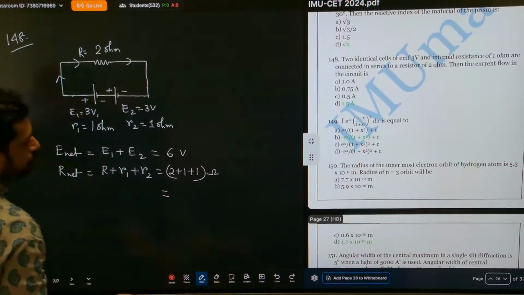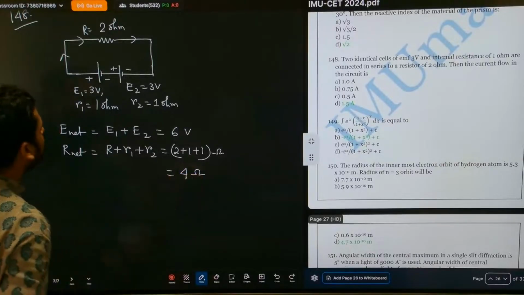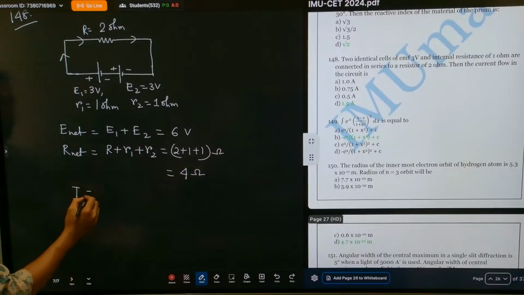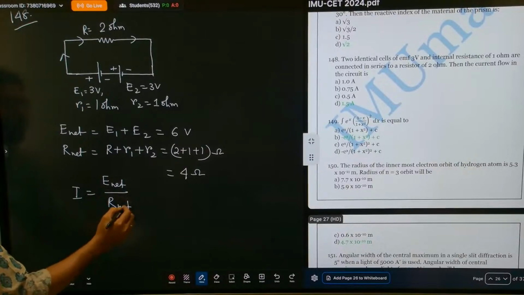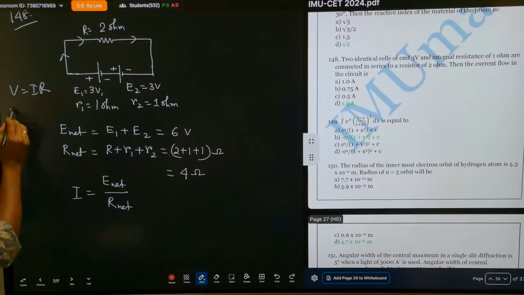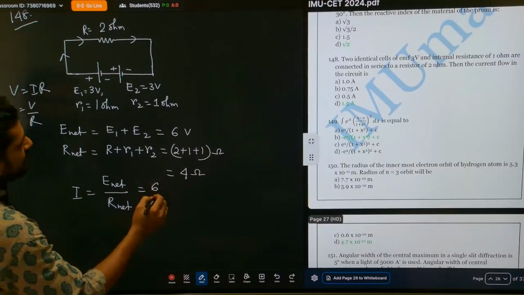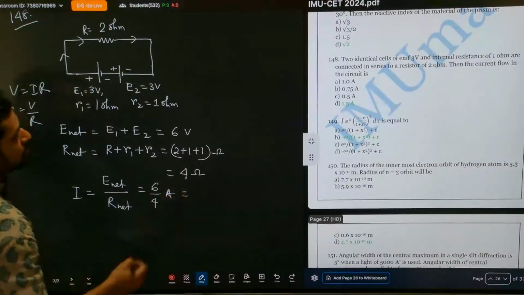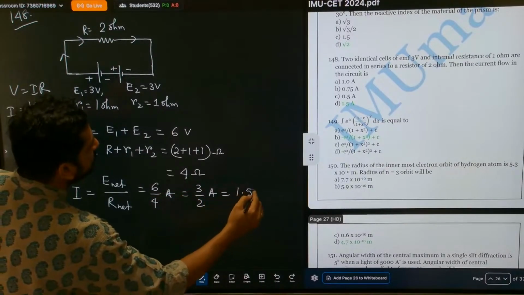How much do you get? 4 ohm. So I would be E net by R net. Simple, same formula, V equals IR. So I means total potential by total resistance. Net EMF by net resistance, 6 by 4 ampere. How much do we get? 3 by 2, that is 1.5 ampere.